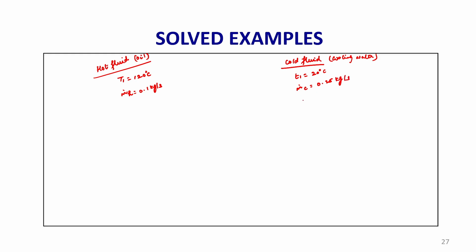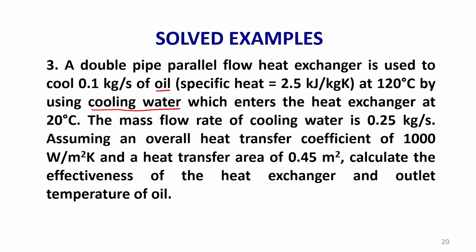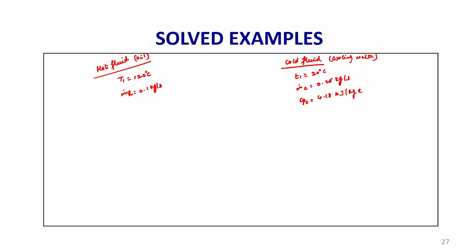Since it is water, we know its specific heat is 4.18 kilojoule per kg Kelvin, and because this is oil, its specific heat is given. Cp of oil is 2.5 kilojoule per kg Kelvin.